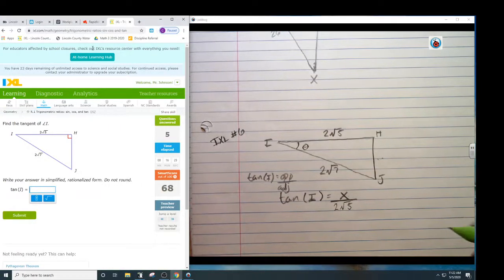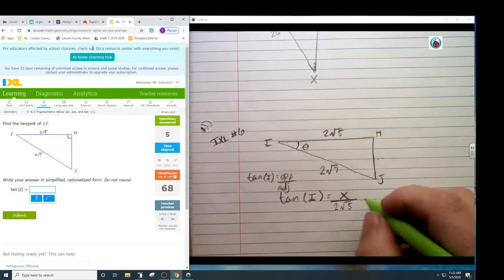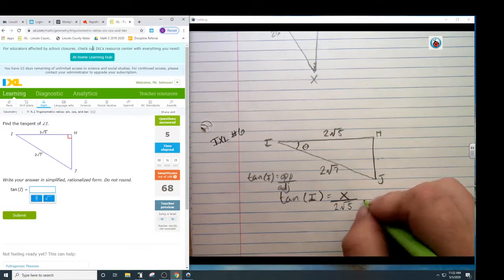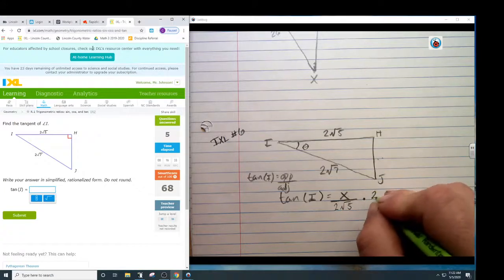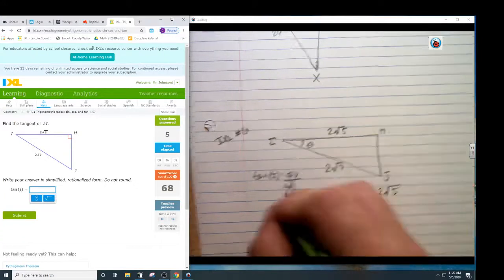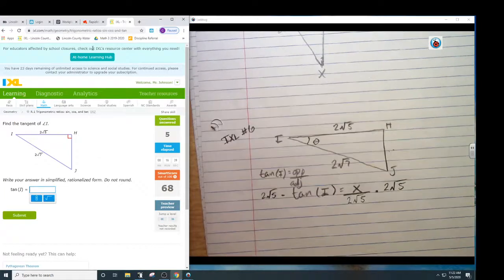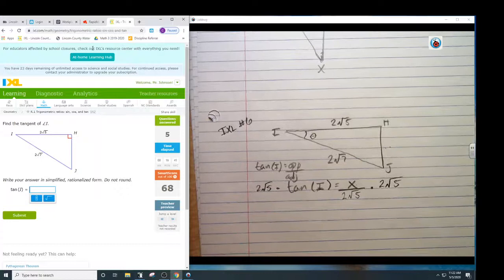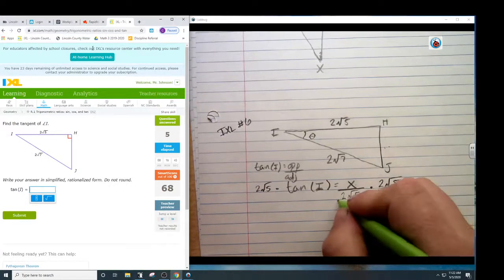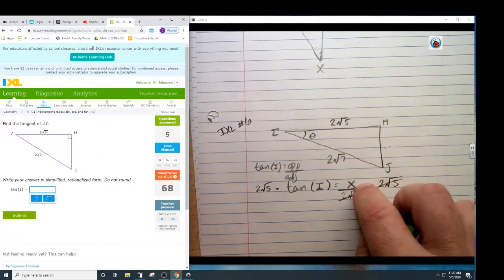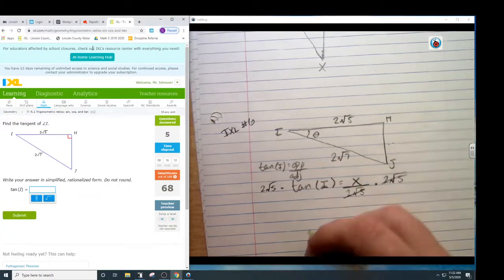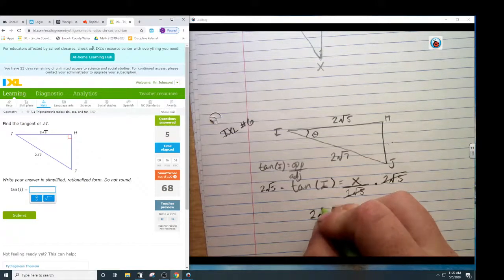Now let's do this. We're going to get x by itself. So first of all, we're going to multiply both sides by 2 square root of 5. And then this will cancel out. And guys, the reason we're doing this, we need to get x by itself. So what that's going to be is 2 square root of 5.